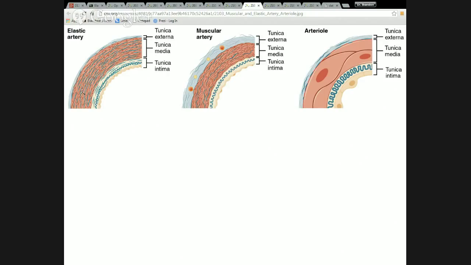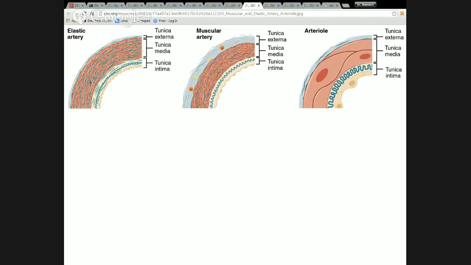It might look like the elastic artery has a really big component of muscle tissue compared to the muscular artery, but really that's a matter of size. These three pictures are not drawn in the same scale, so we really can't compare them that way. But there's a lot more elastic tissue in the elastic artery, which is why it gets that name.